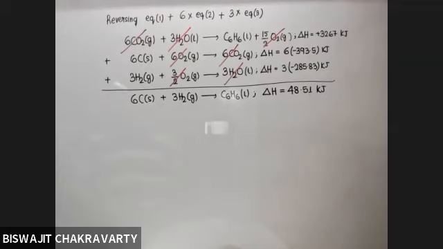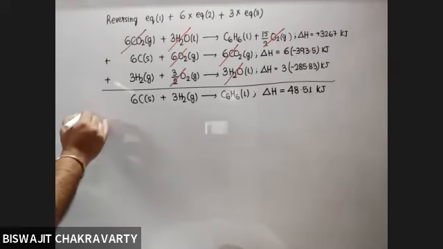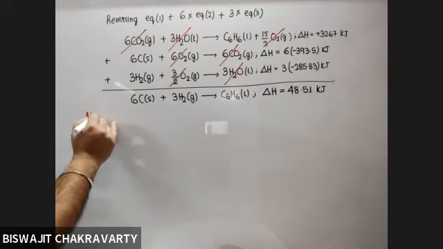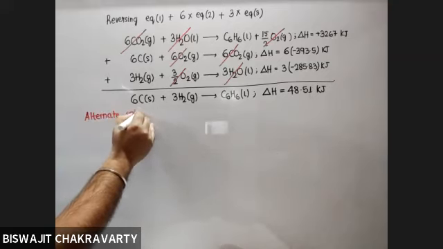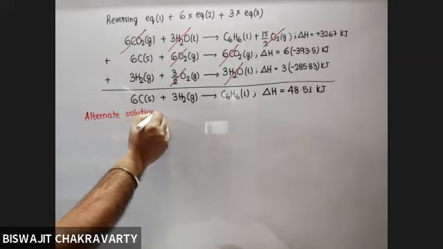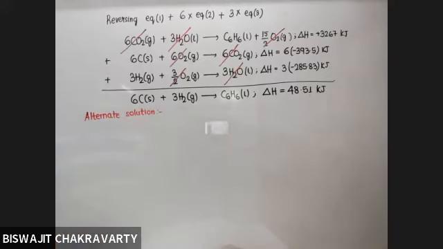Now, same question has an alternate solution. Okay, so let me show that alternate solution also. What is the alternate solution? So the equation that is required was enthalpy of combustion of benzene.